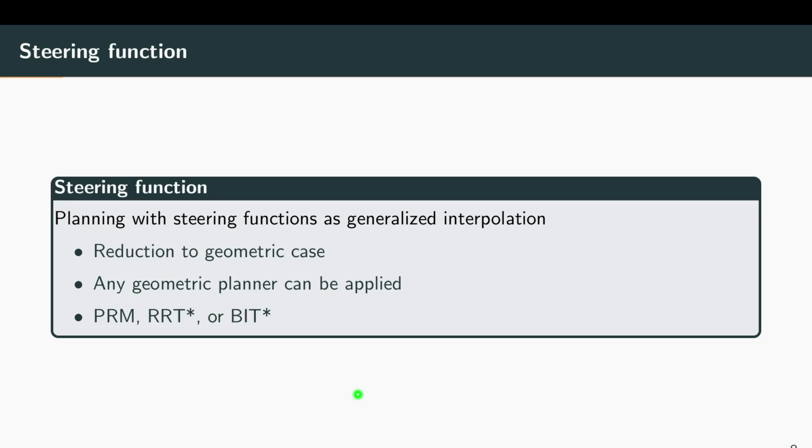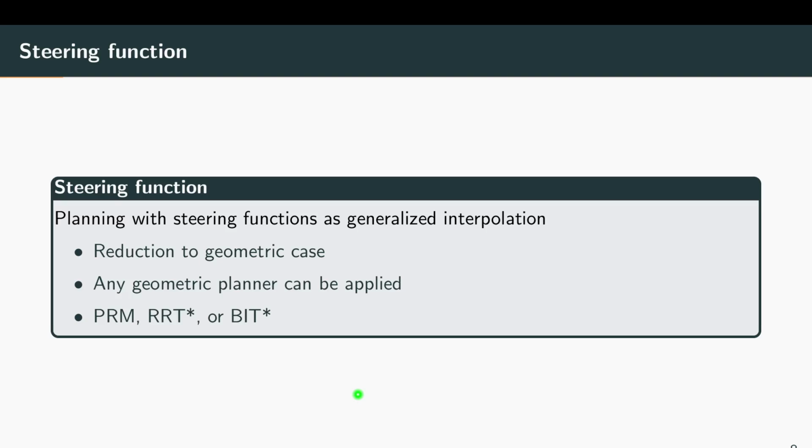Now, the advantage of the steering function is that it basically allows you to just use any of the geometric motion planners that you have learned. So in fact, instead of using this sort of interpolation that we have used sometimes to connect or move in the direction of states, we would now just query the steering function and everything else works out normally.